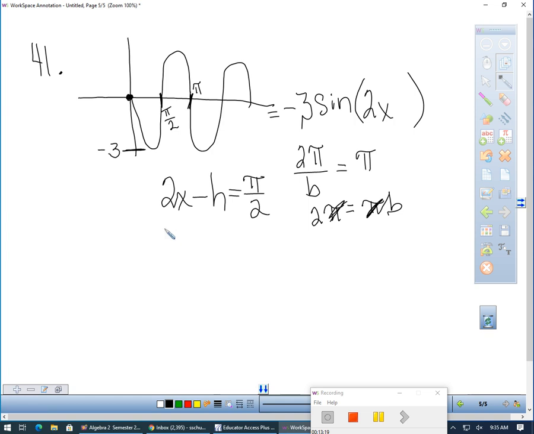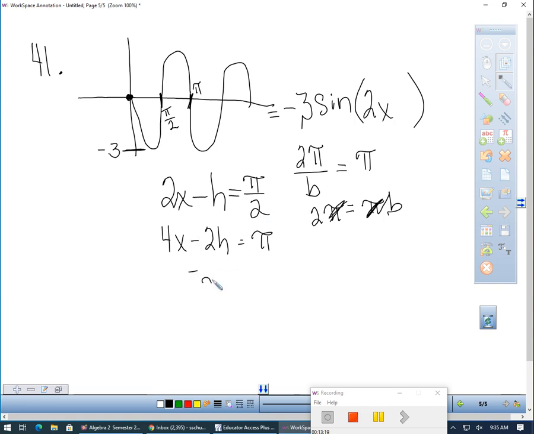So first I'm going to clear the fraction. That gives me 4x minus 2h. Alright, let me try and write that again. Sorry about that. Clearing the fraction, I get 4x minus 2h equals pi. Trying to solve for h, I'm going to subtract 4x to the other side.